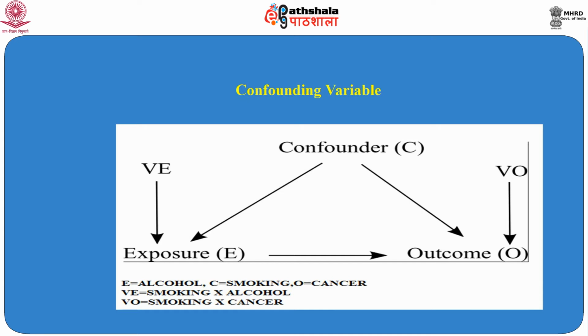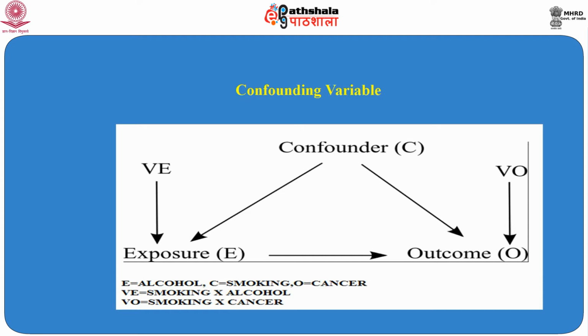And if we directly want to see whether smoking is a cause of cancer, then we will also see that yes, smoking is influencing cancer. But those people who take alcohol are more prone to cancer if they smoke. So here smoking can be considered a confounding variable that influences alcohol taking, and in addition to the smoking and alcohol, it proceeds to the outcome, that is cancer.